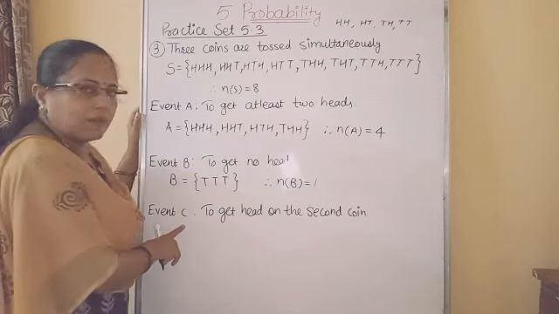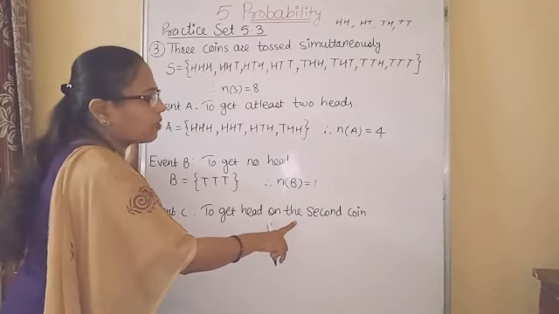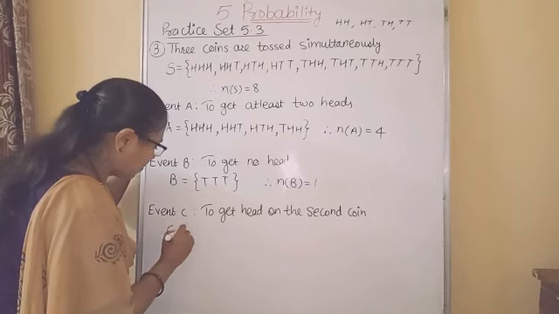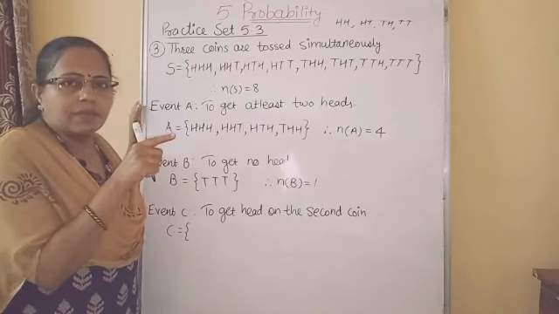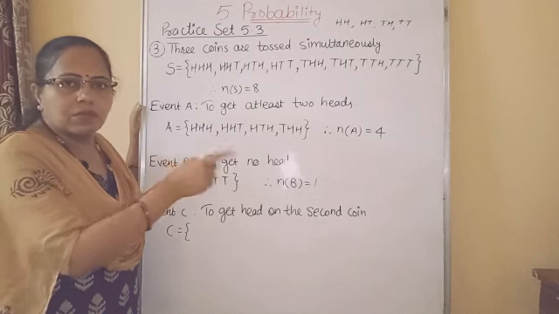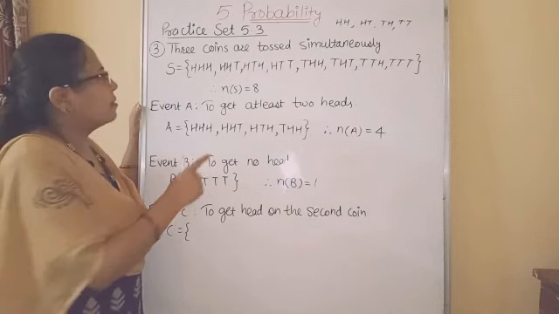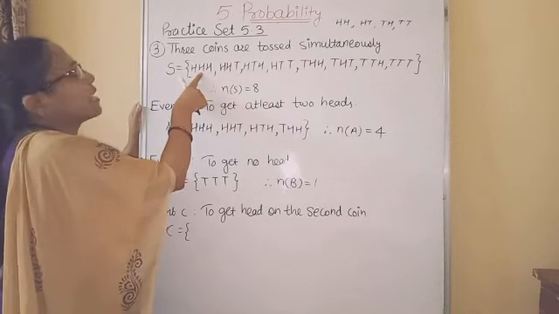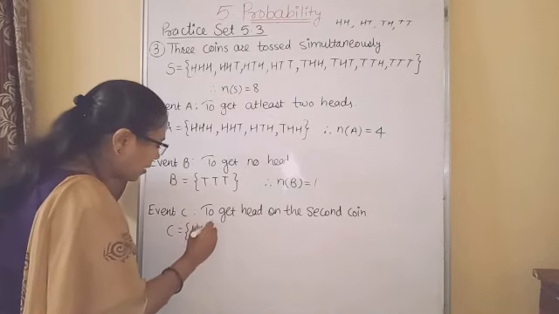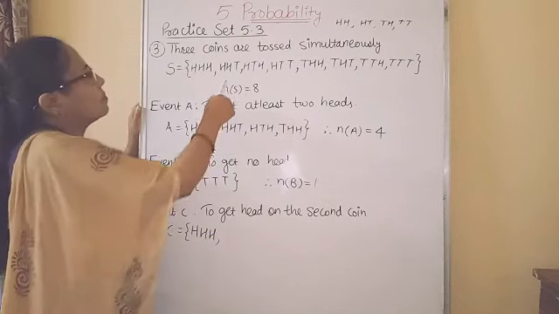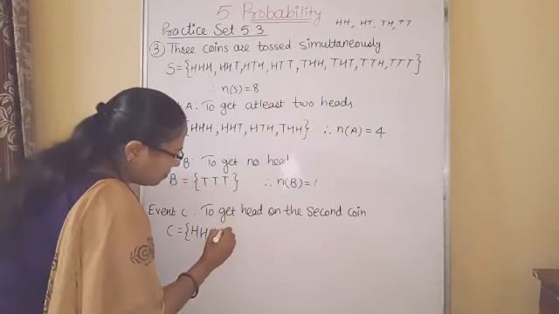Followed? Now next one: to get head on the second coin. We want head only on the second coin. First and third are not considered here. On the second coin we require head. So here the second coin is head. So we will write this first result HHH. Here also on the second coin head is there, HHT.